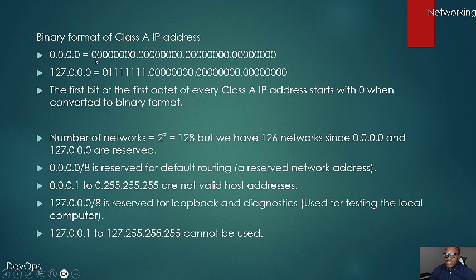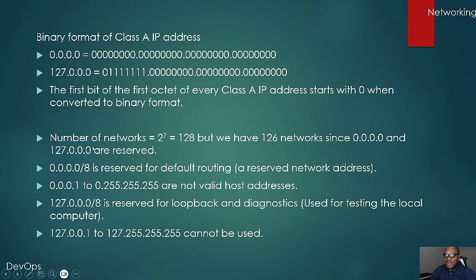One of the things that is common in both is 0. So the first bit of the first octet of every class A IP address starts with 0 when converted to binary format, and is used for identification of class A IP addresses.